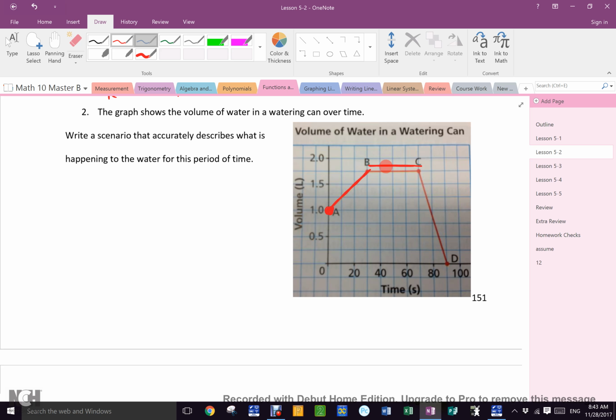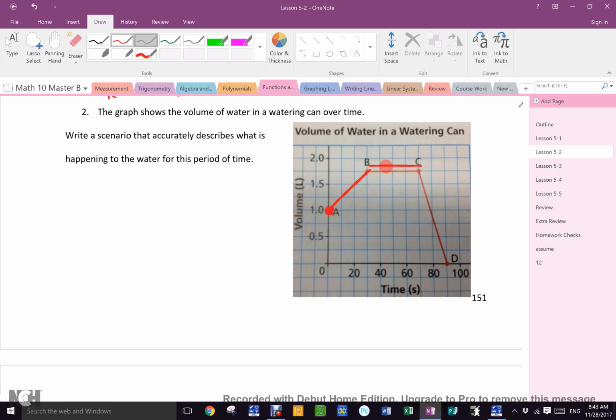Is something happening? Probably. Oh, somebody's picking it up to dump it. There you go. Already you've gone from a 1 to a 2. Look at you. Woo! Up top, big stuff. All right. Now, what happens from C to D?